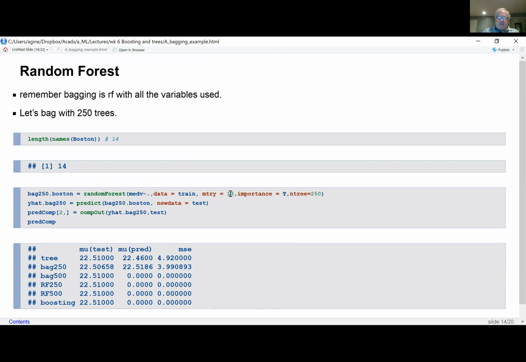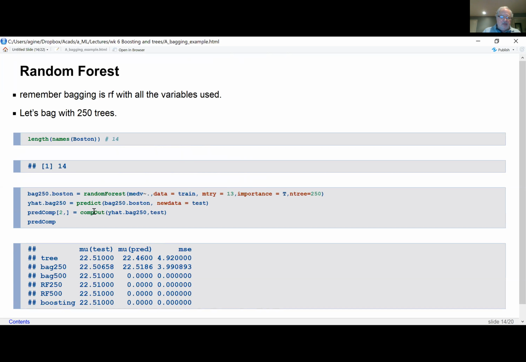And what's the difference between the weighted average of these two mean square errors compared to the mean square error above? And you can keep track of that. And obviously, at any given node, you're picking the one that does the maximum, but you keep track of whether some variables lead to really large reductions in mean square error, whereas others don't lead to such significant differences. So this importance equals true says keep track of that.